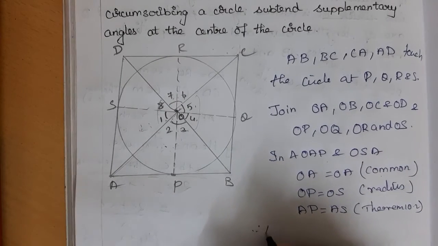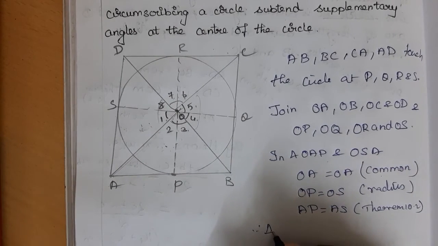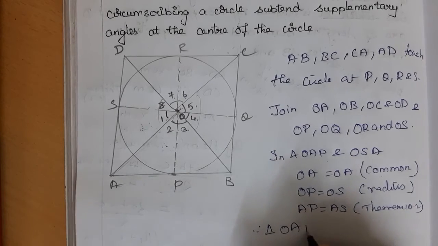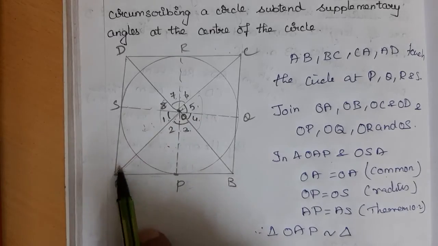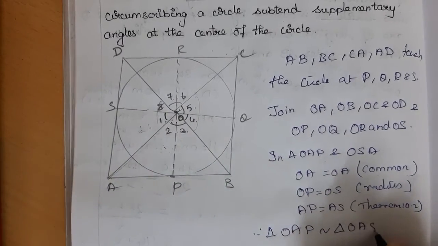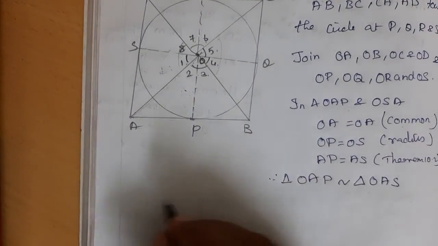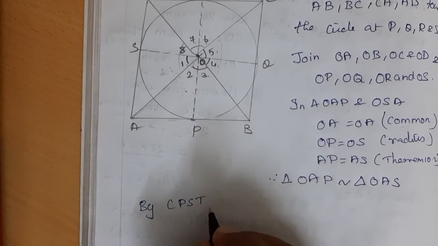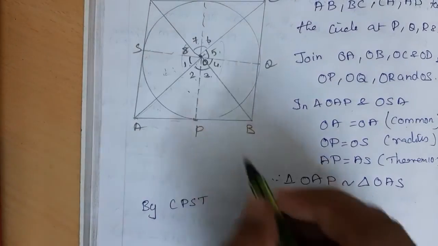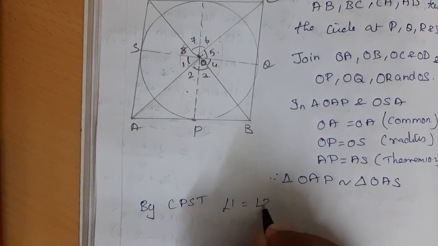So therefore triangle OAP is congruent to triangle OAS, right? Then by corresponding parts of congruent triangles we can say that angle 1 and angle 2 will be equal, right? Angle 1 is equal to angle 2.